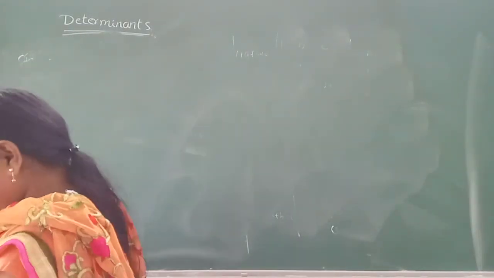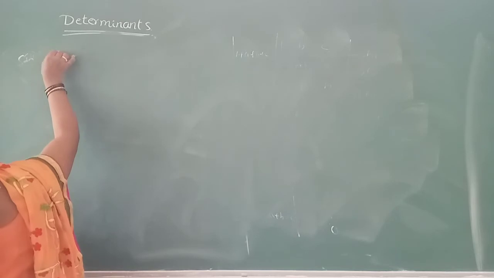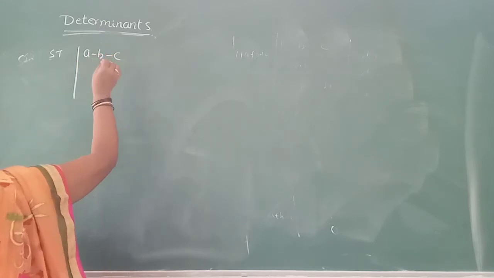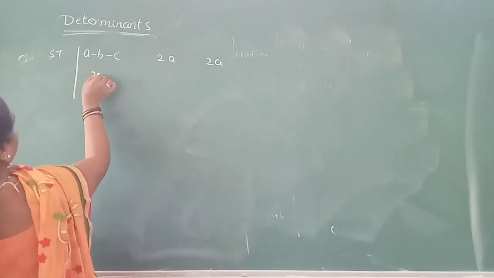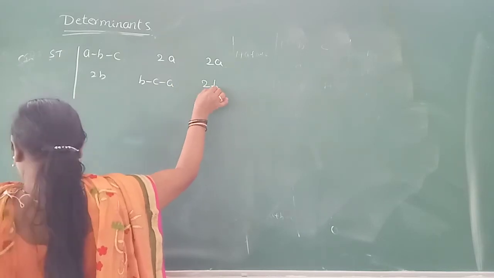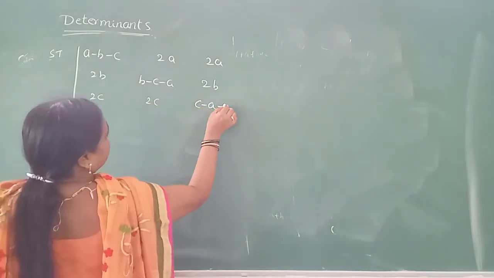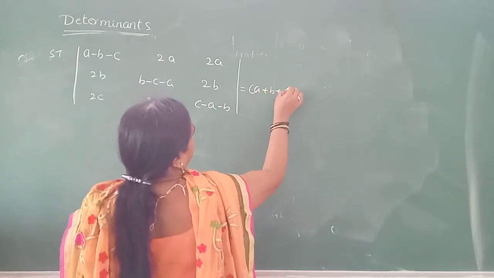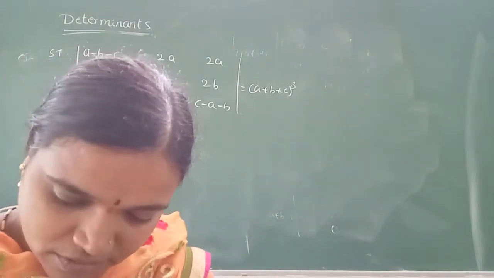We'll take the next example. Show that the determinant with rows A minus B minus C, 2A, 2A; 2B, B minus C minus A, 2B; 2C, 2C, C minus A minus B equals A plus B plus C, the whole cube.